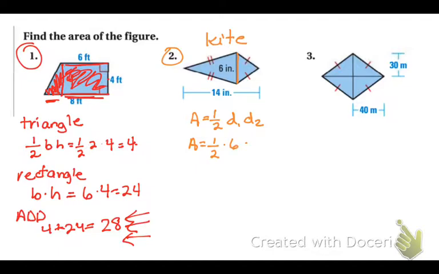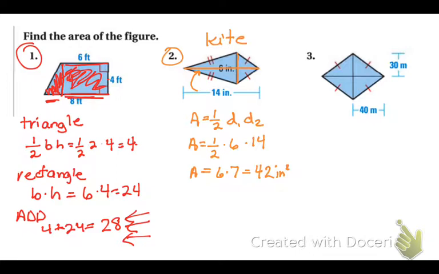That's 6. Now we need this long one. They didn't put the number inside the kite, they put it outside the kite, so that's 14. So the area is equal to 6 times 7, which equals 42. 42 inches squared.